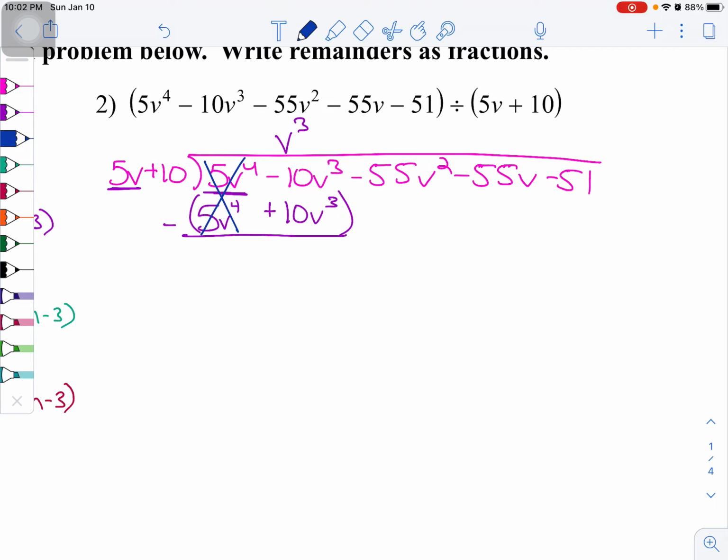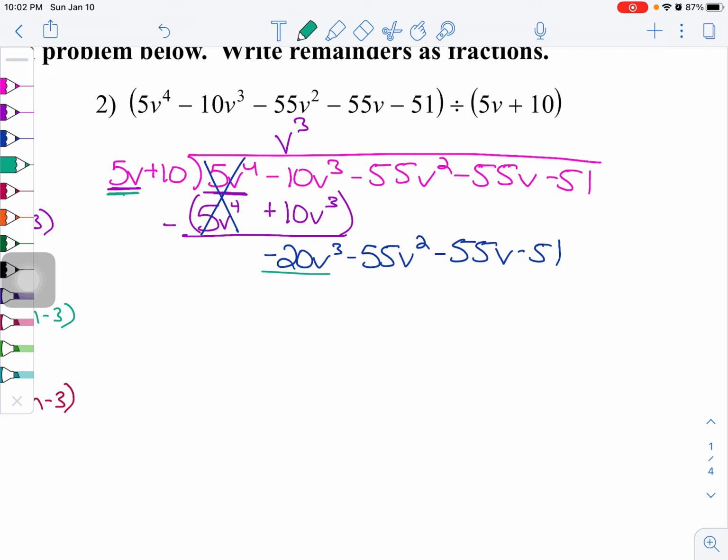I'm going to keep saying it over and over, just so you hear it a whole bunch of times and remember. Now I want to do negative 10 minus 10. No, those don't cancel. They actually create negative 20v cubed. Bring down your other terms. All right, so now start again. We're going to start with taking 5v and dividing it into your first term here.